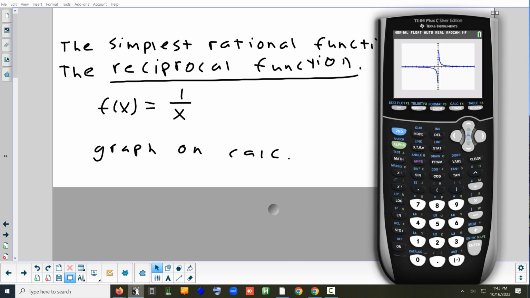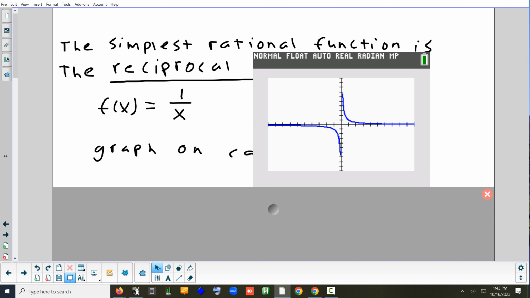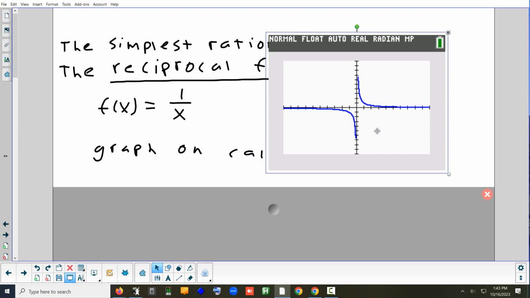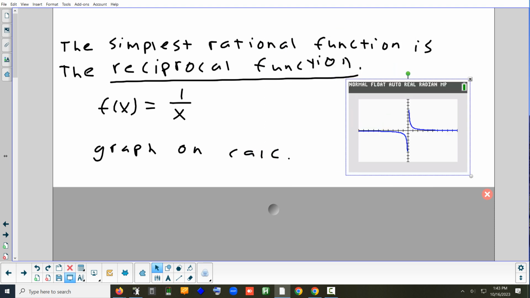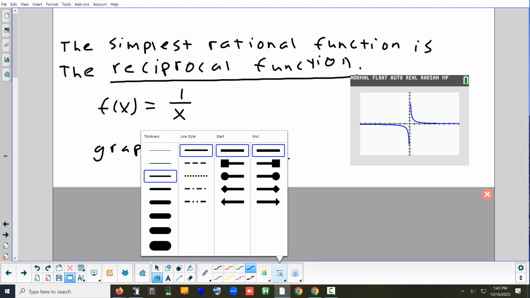Now, just so there's no confusion, that's not quite 100% what it looks like. It doesn't actually stop where it looks like it's stopping. It keeps going up and down on the blue section. What happens is the graph is just getting so steep that the calculator can't draw it.